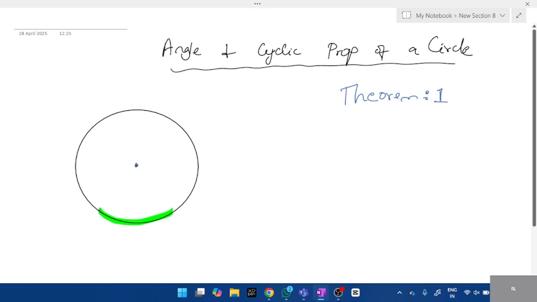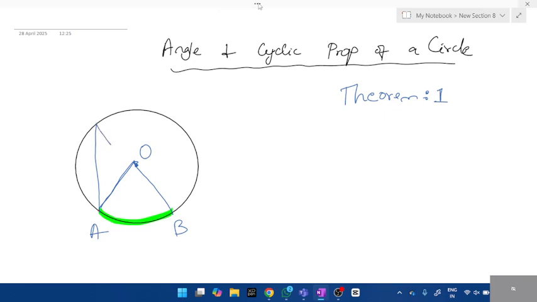The arc subtended by this center, O, I'll name this as A, and I'll draw another chord like this. Two angles are formed here.